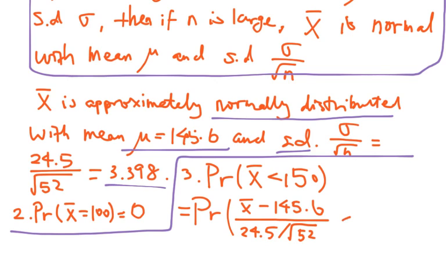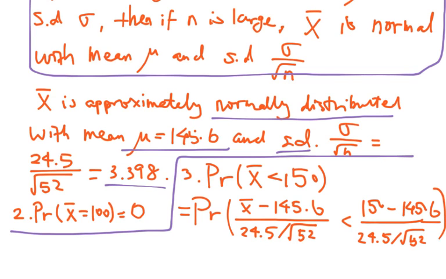And do the same thing for the right hand side, 150 minus 145.6 over 24.5 divided by root 52.